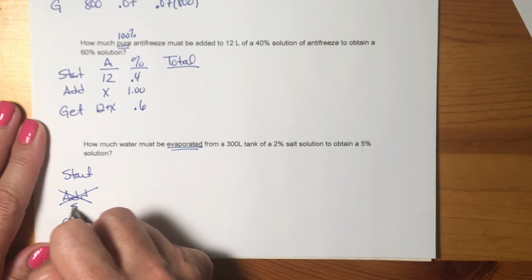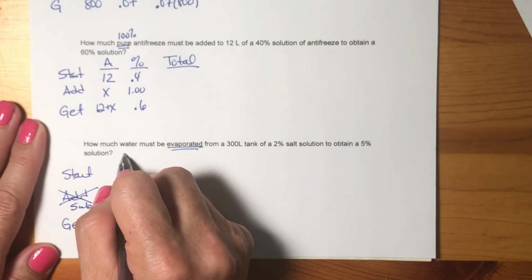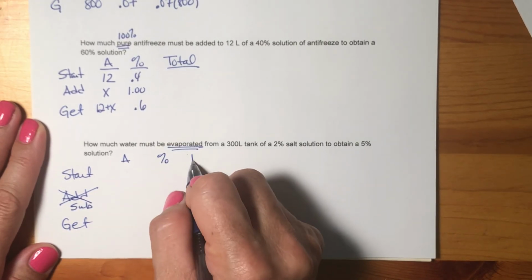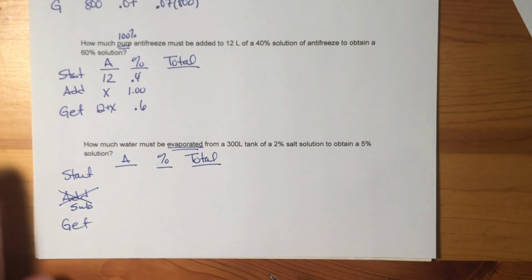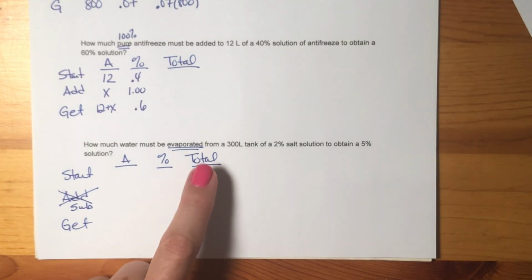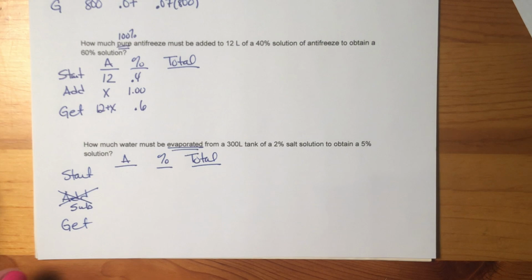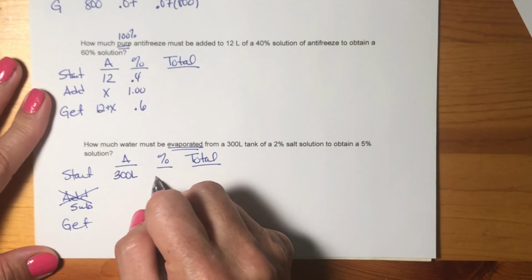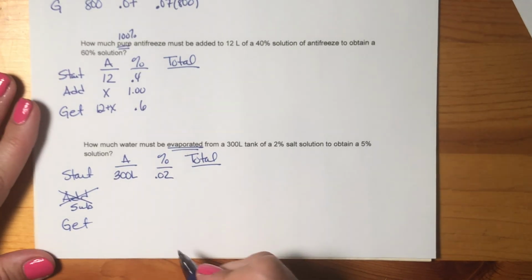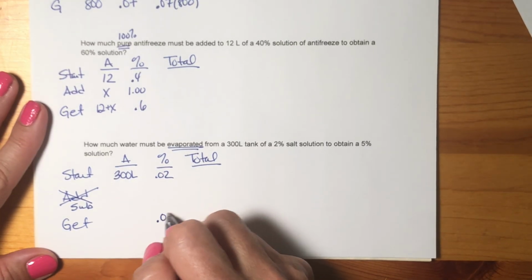I'm going to subtract. Oh, fun. That's why we're in honors, because we love those little twists. How much water must be evaporated from a 300-liter tank of 2% salt solution? So 300 liters of 2% to obtain a 5%, so 0.05.